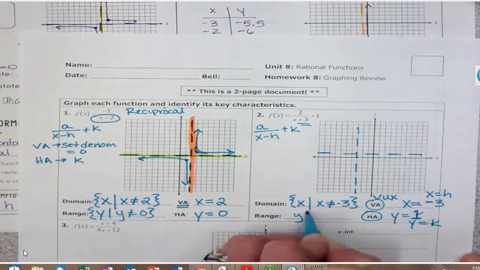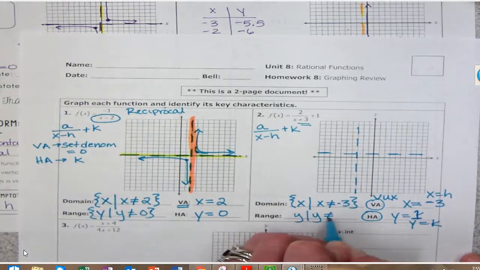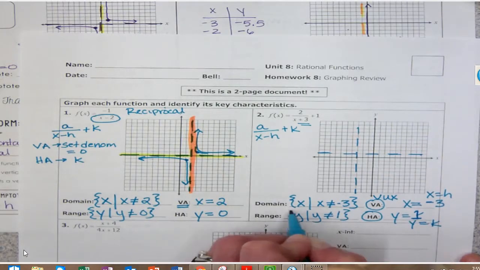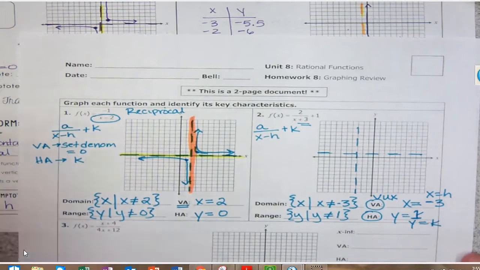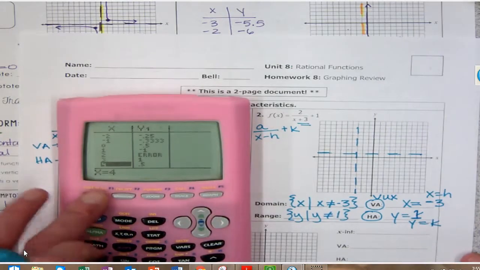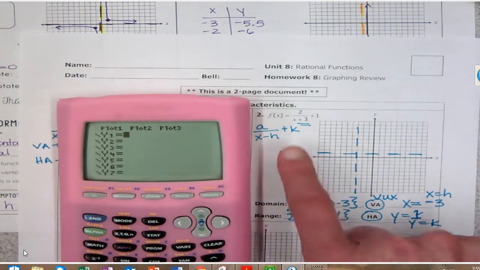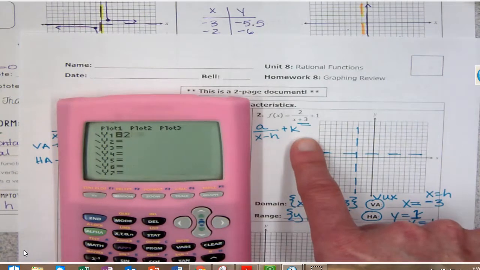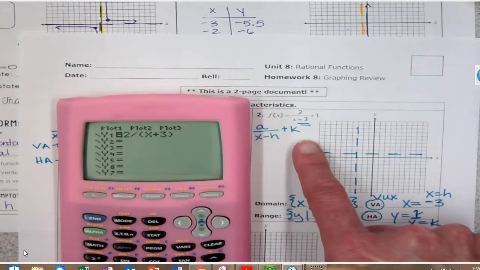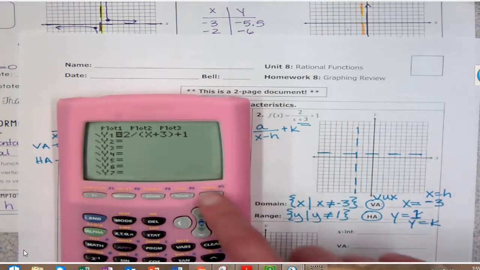So my range is y is the set of all real numbers where y does not equal 1. Now I'm going to take my calculator and plug in 2 divided by parentheses x plus 3, and the parentheses plus 1. Make sure you use your parentheses.